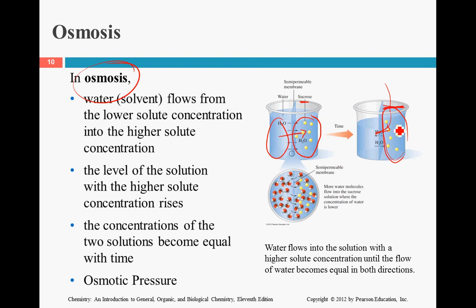So it's never going to get to the point where the right-hand side is as dilute as the left-hand side, because that's impossible. The left-hand side is pure water, where the right-hand side has little particles in it. So it's trying to get to the point where it is the same in osmotic pressure.